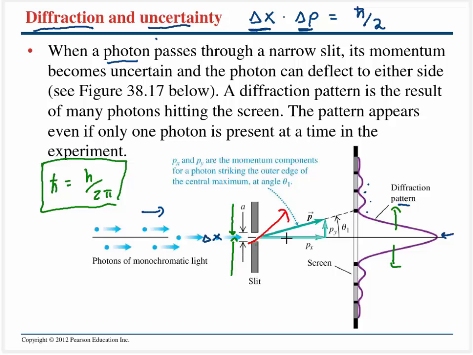So we're going to have a photon coming through like that, like this, and like that. And as we know delta x a lot better, it turns out that we know delta p a whole lot worse, because delta x multiplied by delta p has got to be equal to that constant. So as we increase our knowledge of this, we have to decrease our knowledge of this.